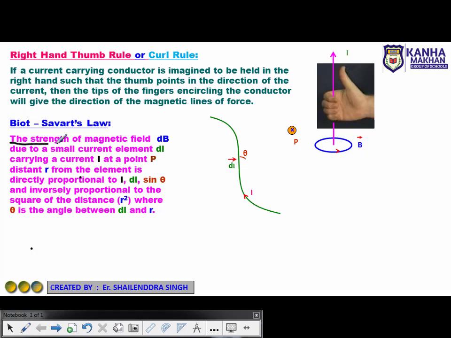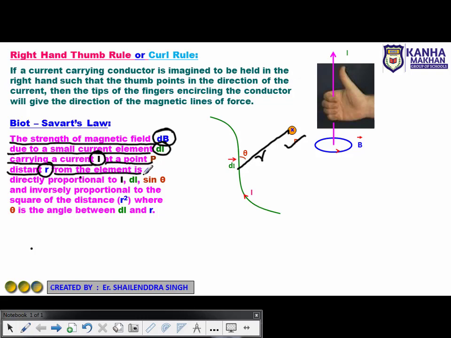The strength of the magnetic field, denoted by dB, due to a small current element dl carrying a current I, at a point P at a distance r from the element, is directly proportional to the current, the length of the element, and the sine of the angle.